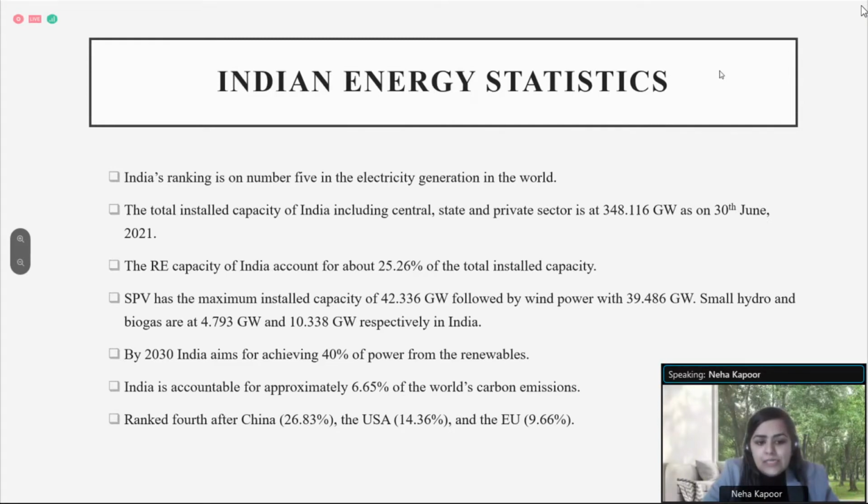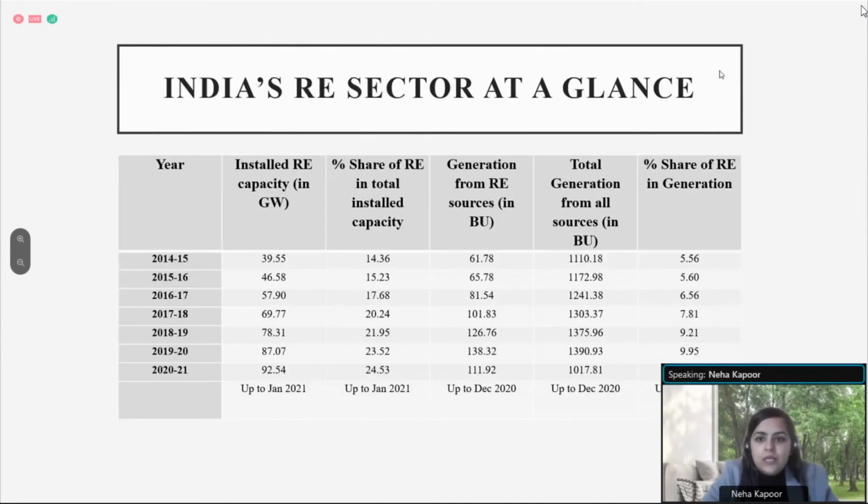India accounts for approximately 6.65% of the world's carbon emissions, and we are ranked fourth after China at 26.83%, US at 14.36%, and EU at 9.66%.